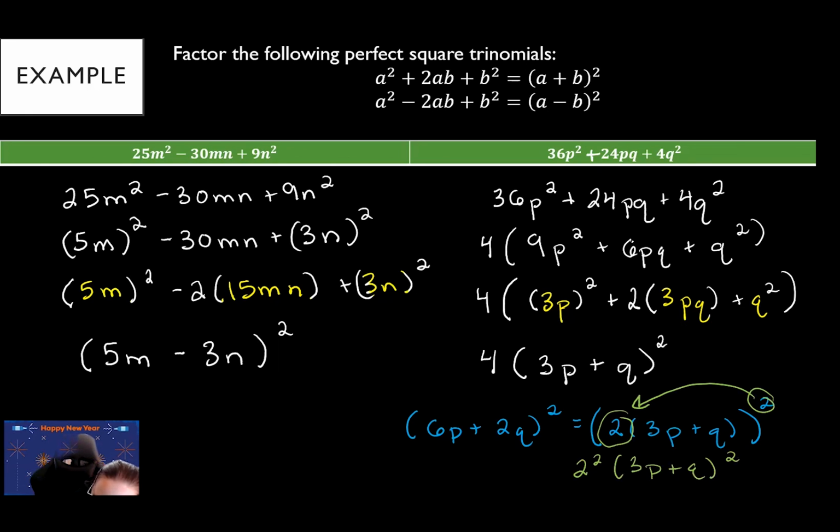And that's how we end up with 4 in front in the 3P plus Q squared. And we keep it squared at the end also because you're squaring the 2 and you're squaring the 3P plus Q. Okay, got that. So it's equivalent. And if you didn't notice the greatest common factor, you can get to the same result. It just takes a little bit more work, finagling with your answer to get there.